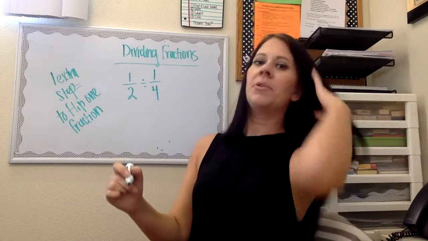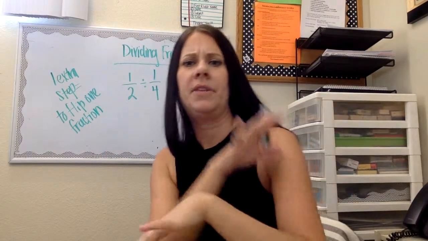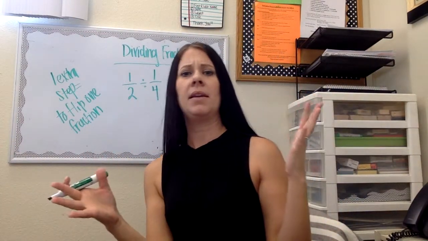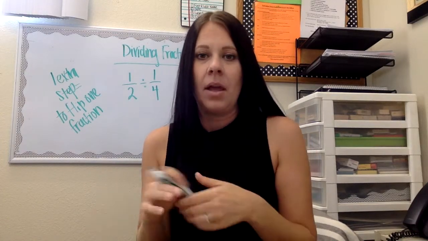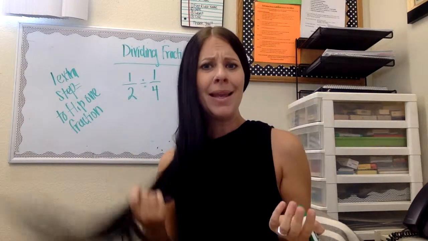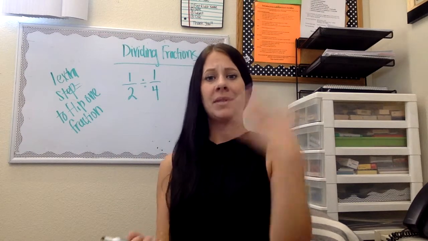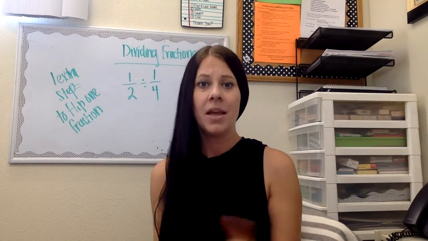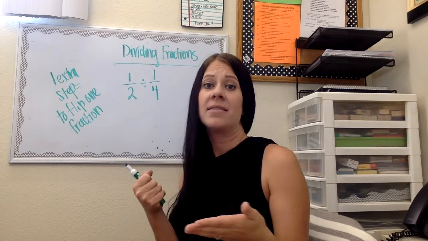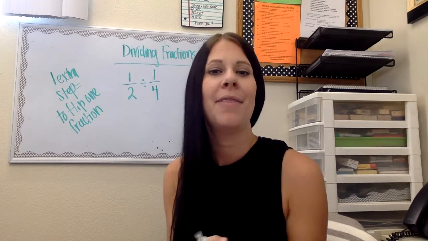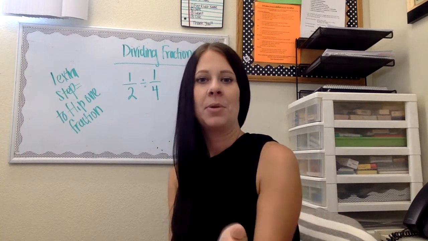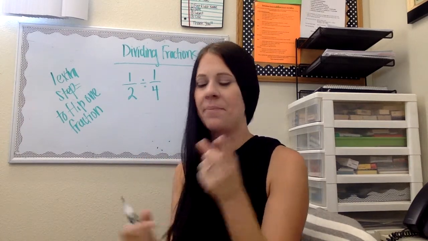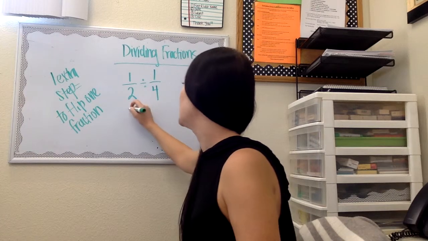And I know that some of your teachers taught you some sort of keep, change, flip, something. I don't know. I'm not good with those sayings. I don't love them because sometimes I forget what they mean, and I don't want to forget what it means. I remember the saying, but I don't remember the math. So let's just think of it as flip, and then you're going to multiply. The same exact steps we did. And then what are you going to do last? Simplify.